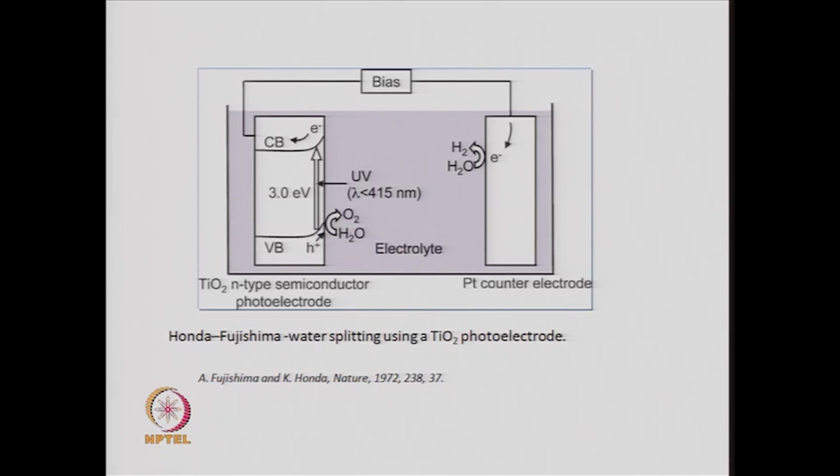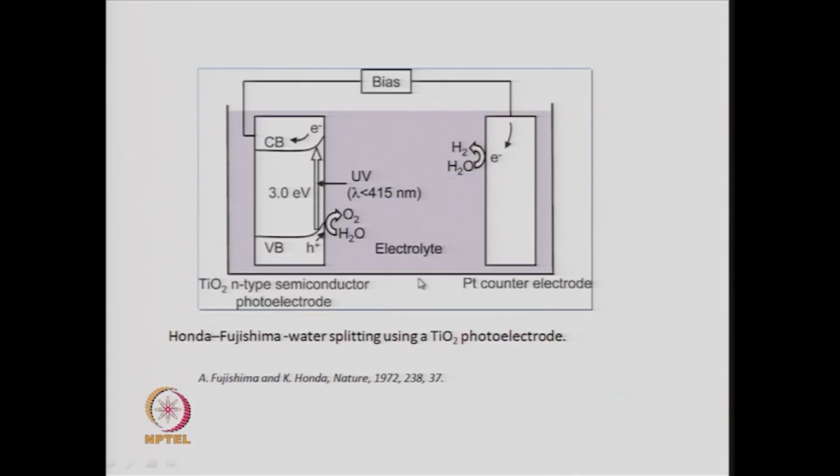So, the overall reaction, when you write 2 H2O giving H2 plus O2, you have to balance that equation and you will have 2 moles of H2 in this process.